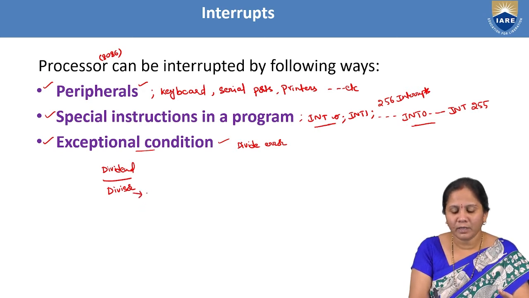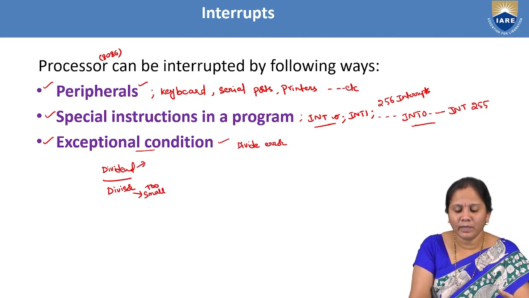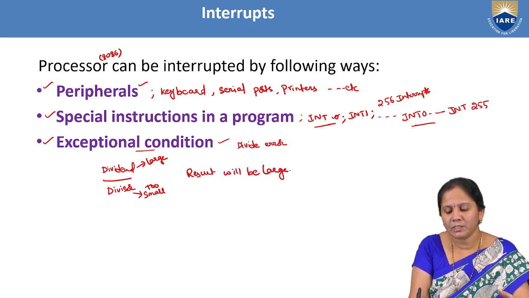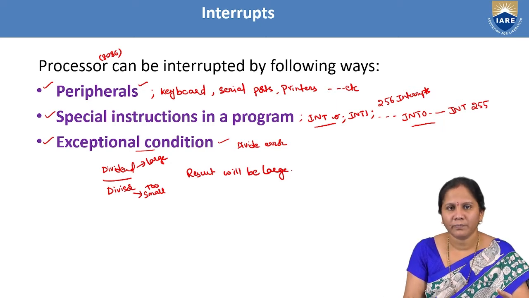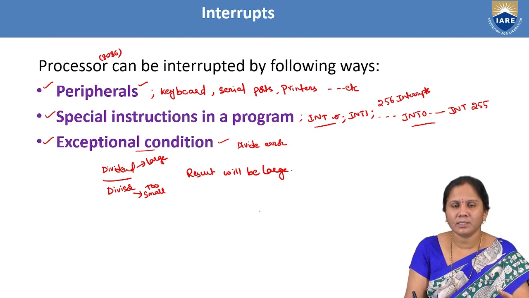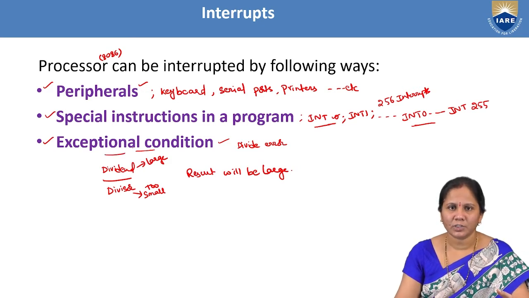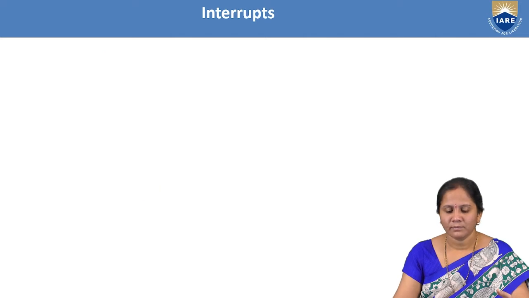For example, if the value of the divisor is too small compared to the dividend, then the result will be large. That means the quotient will be large and not able to fit in the registers. In such cases, we call the interrupt one generated by an exceptional condition. So these are the basic sources that generate interrupts.